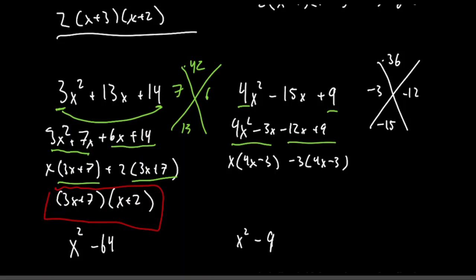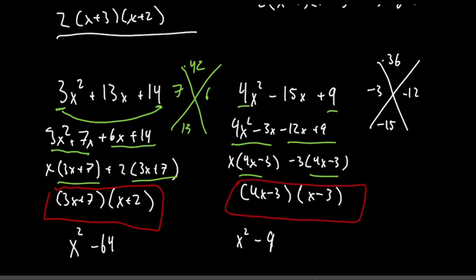Since we have the 4x minus 3 twice, we factor that out of the entire expression, and we combine the coefficients x and negative 3 into one bracket. This would be our answer: (4x minus 3)(x minus 3).